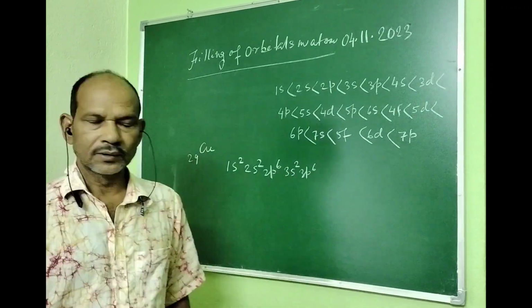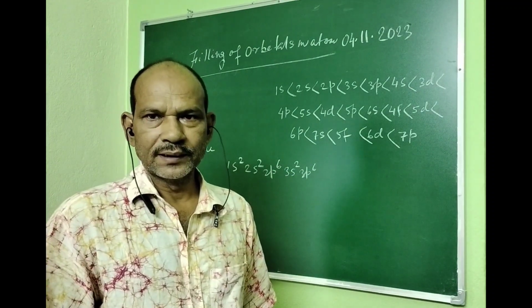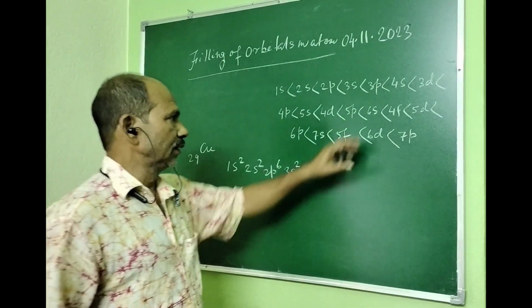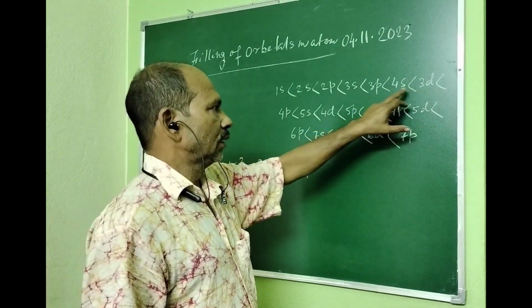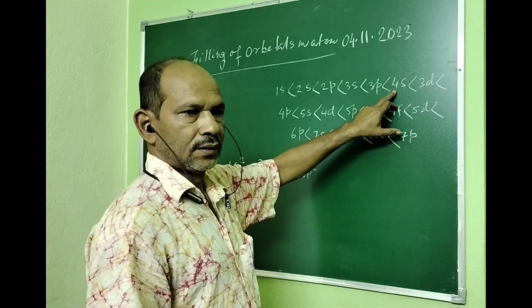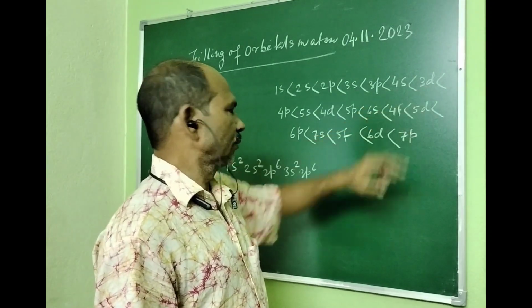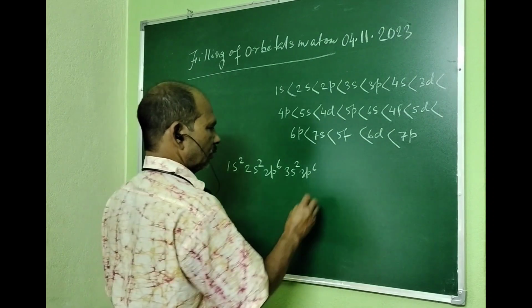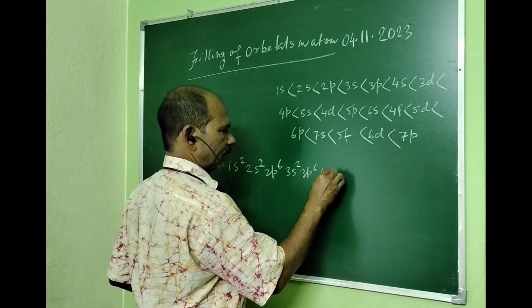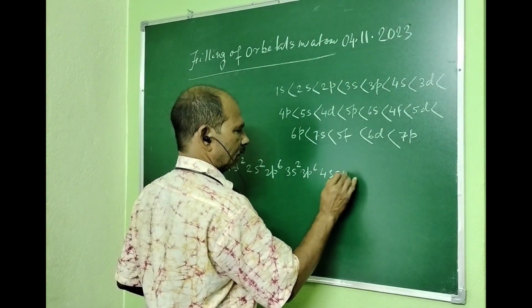What will be next? Between 4s and 3d, according to the above principle, you know the energy of the 4s subshell is lower than that of the 3d subshell. So electrons will be built up in 4s before the 3d subshell.